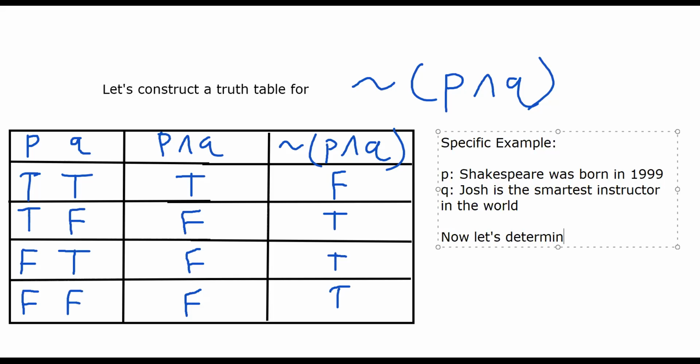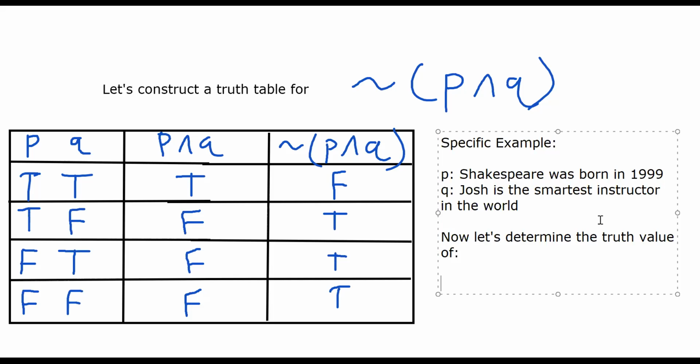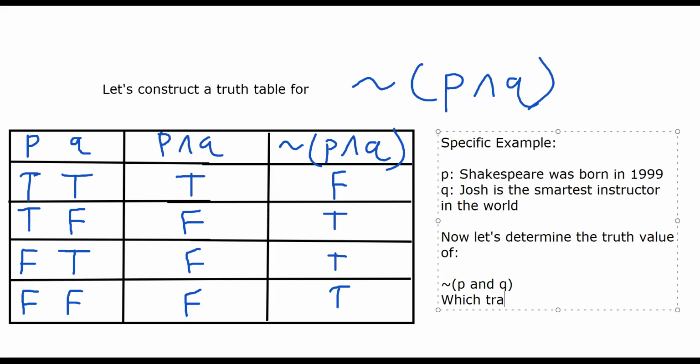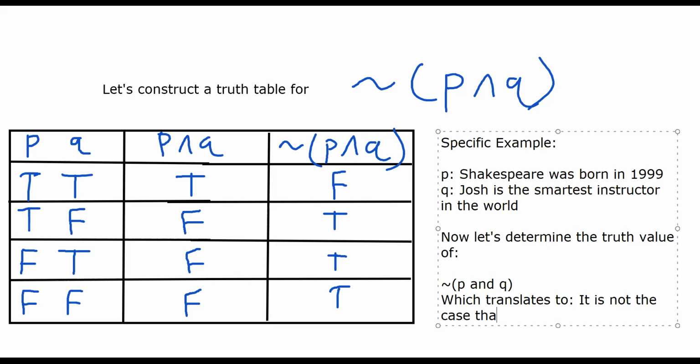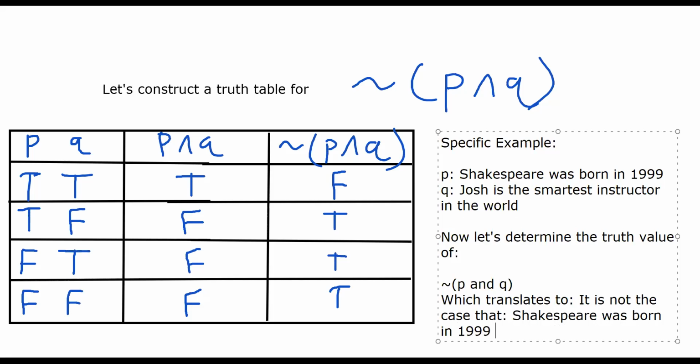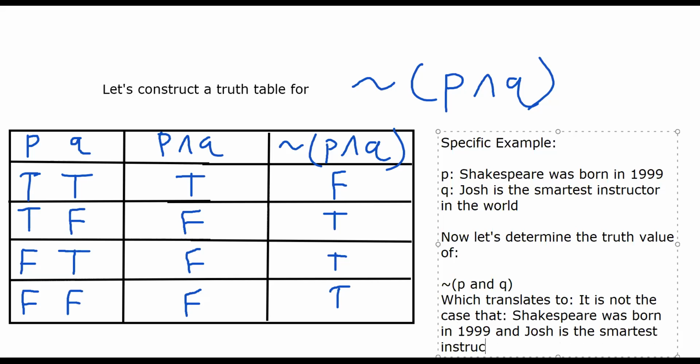Now let's determine the truth value of the statement, not P and Q, if you will, which translates to, it is not the case that Shakespeare was born in 1999 and Josh is the smartest instructor in the world.